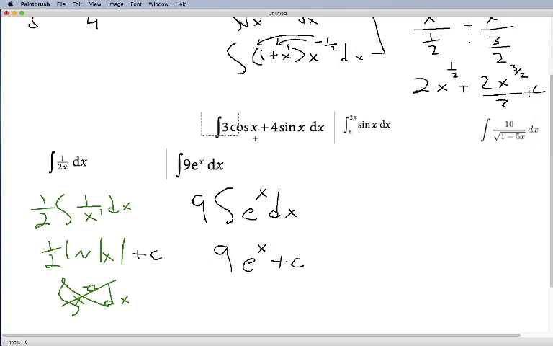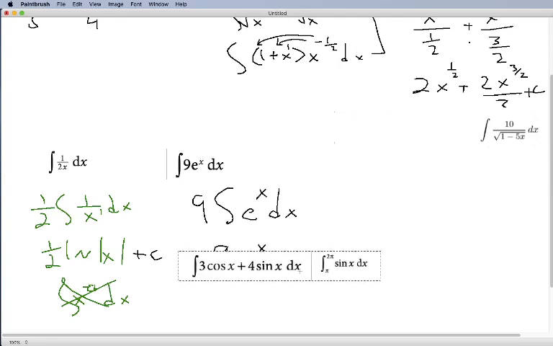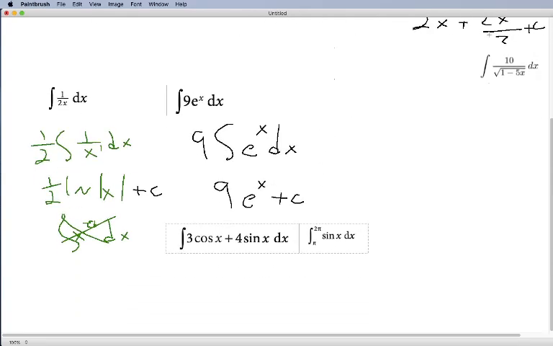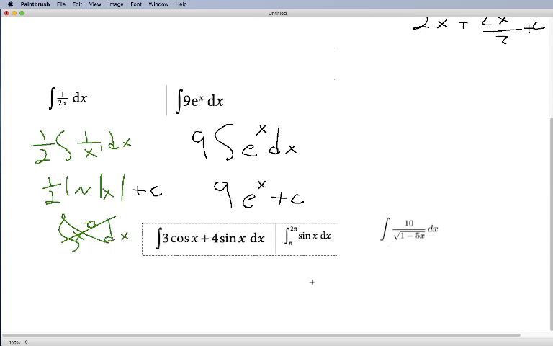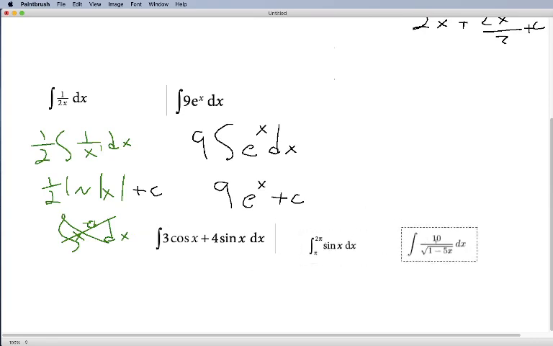If we take a look at the next two. So the next one here is fairly straightforward.